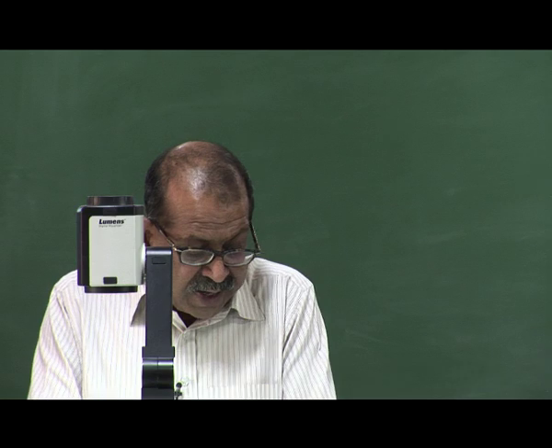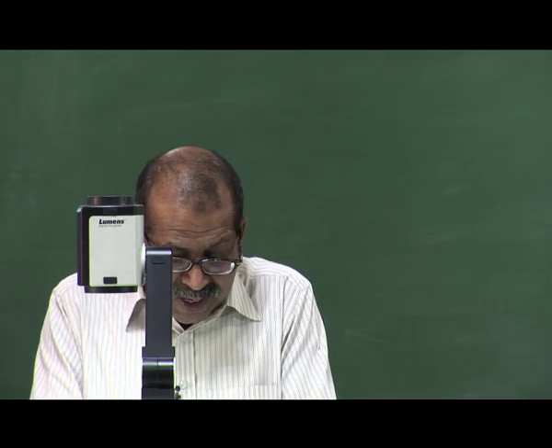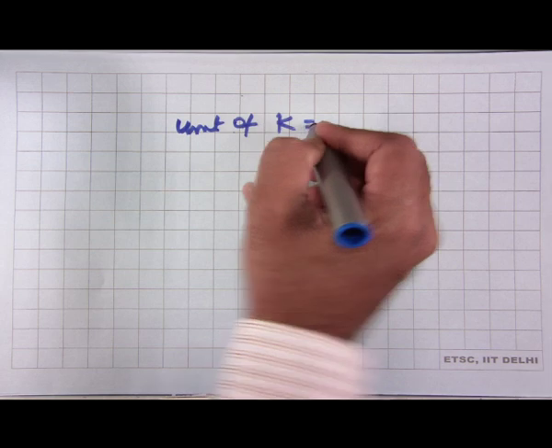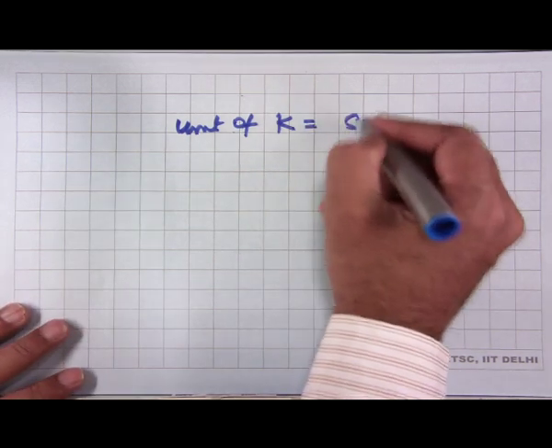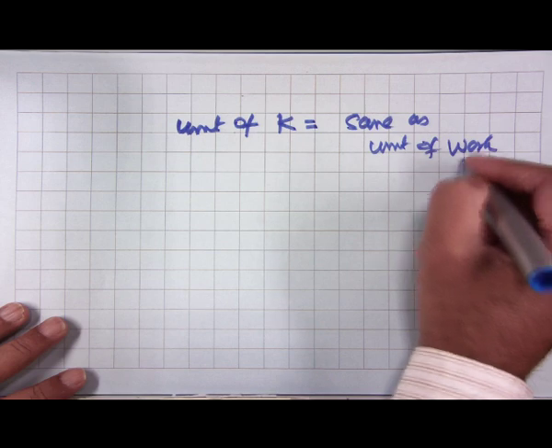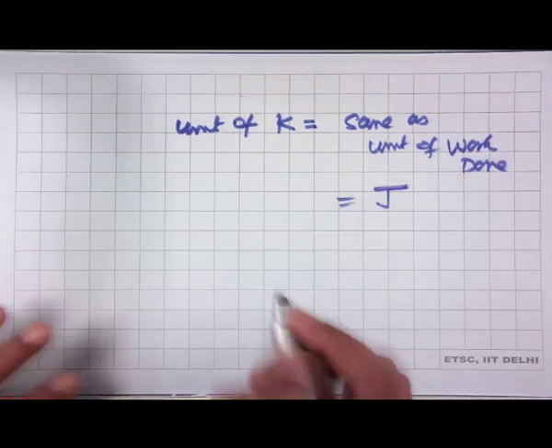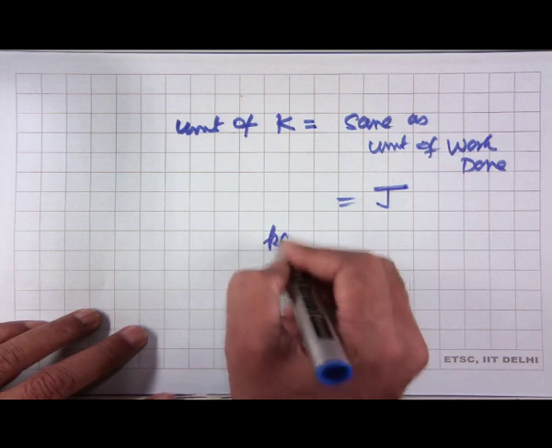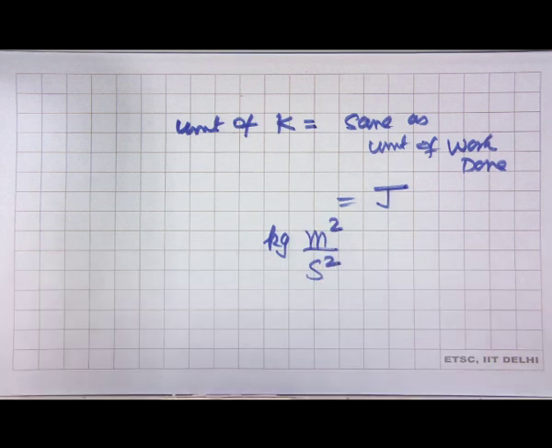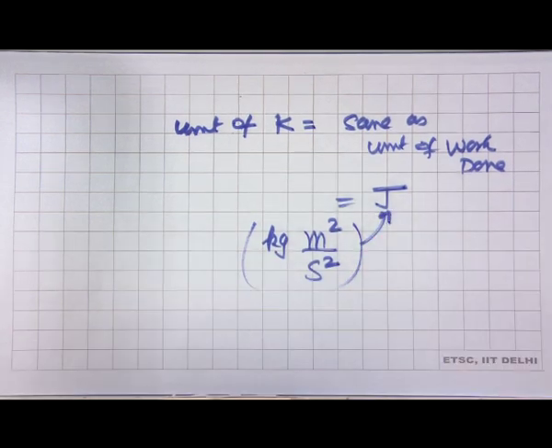The unit of K is the same as the unit of work done, joules, and this can be checked. m is in kg, v square is meter square per second square, and this is the same unit you will get for work done, which is joules. So, in SI units, the unit of kinetic energy is joules.